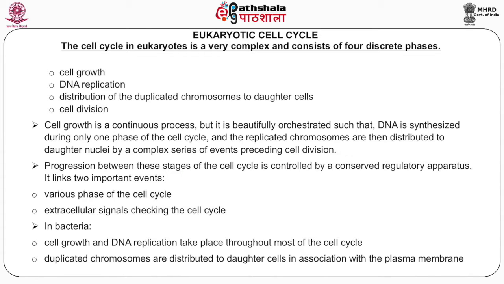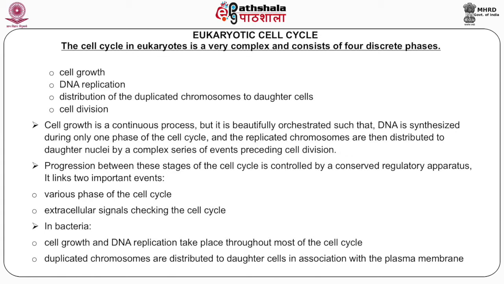Now, starting with the first objective, the eukaryotic cell cycle and its duration. The eukaryotic cell cycle of most cells consists of four coordinated processes: cell growth, DNA replication, distribution of the duplicated chromosomes to the daughter cells, and finally the division of the cell into two daughter cells.